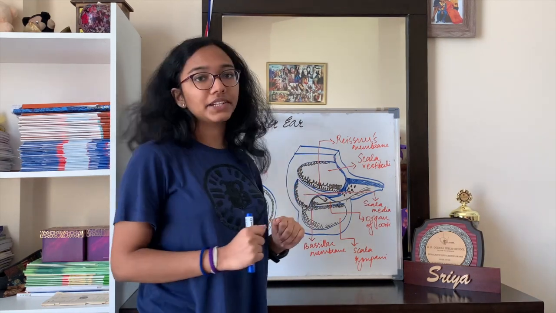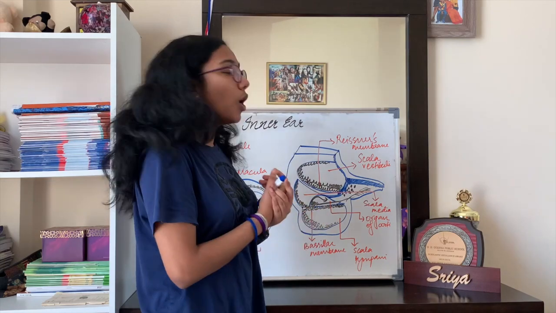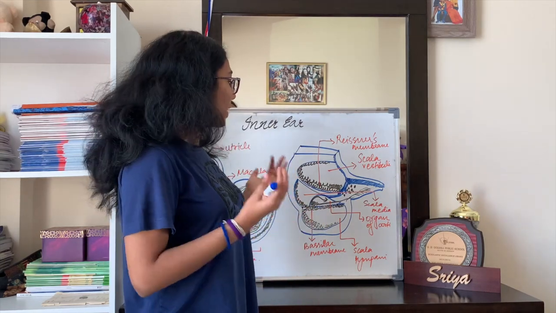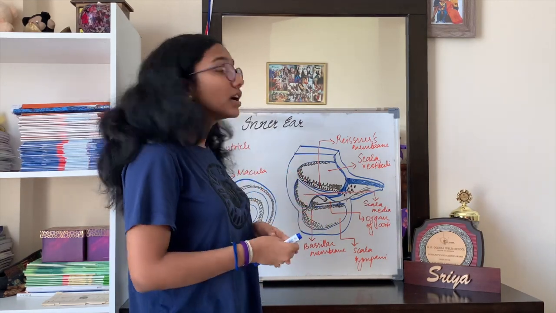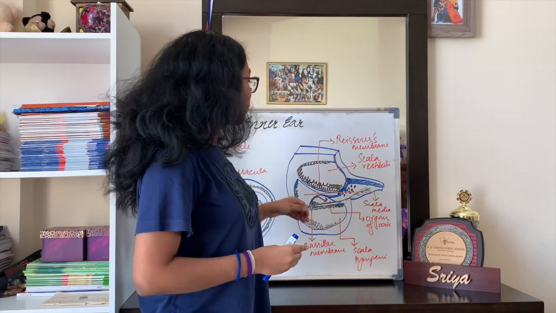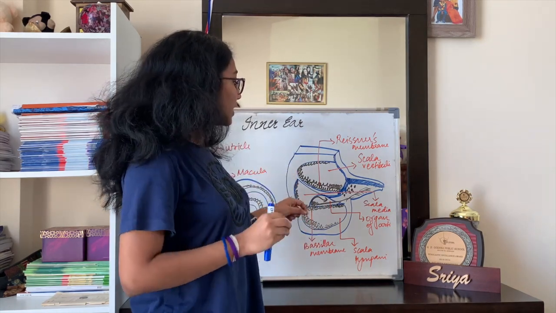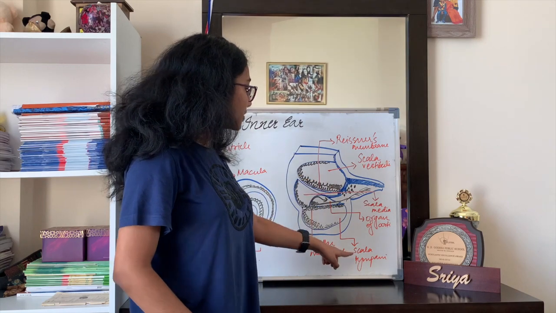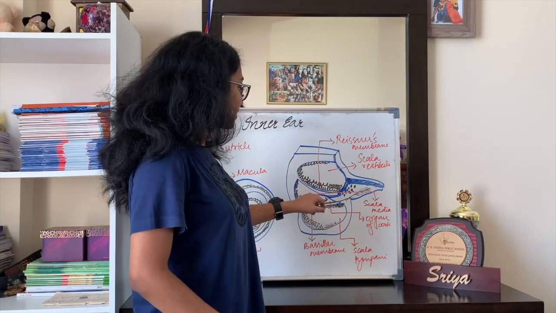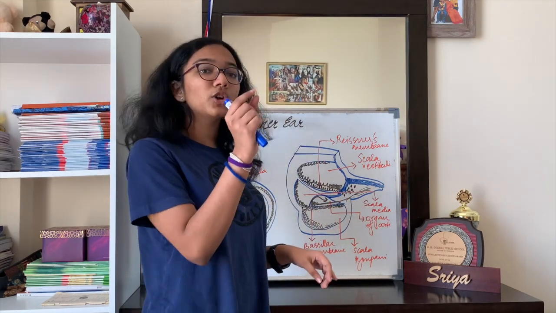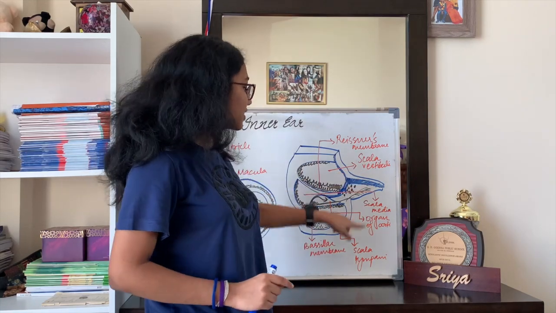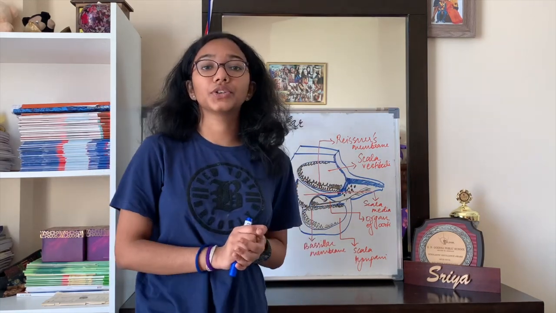And this is the basic anatomy of the cross section of the cochlea. There is one more region you need to know about, known as the helicotrema. The helicotrema is the region that connects scala vestibuli to scala tympani. Since scala media is separating them, there is a small opening that connects scala vestibuli and scala tympani, known as the helicotrema.